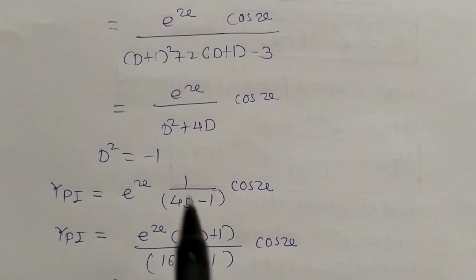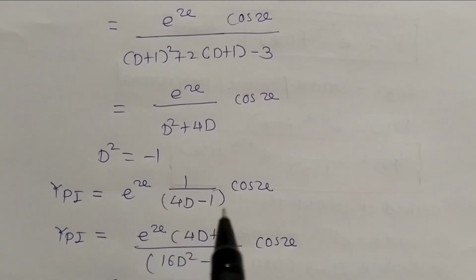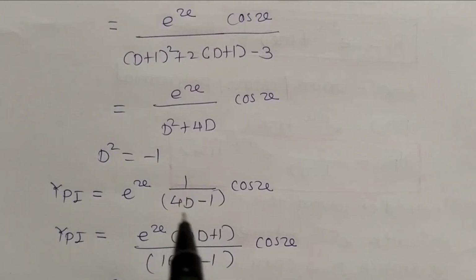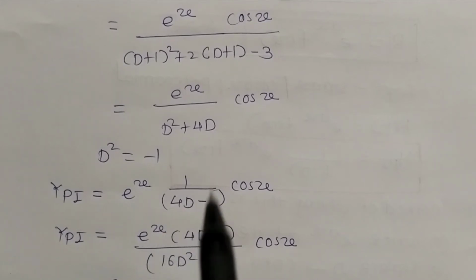Then we have to multiply 4d plus 1 in numerator and denominator. So it becomes e raised to x, (4d plus 1) cos x upon 16d square minus 1.